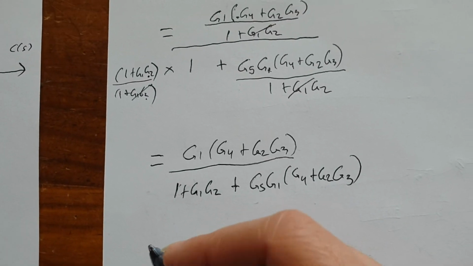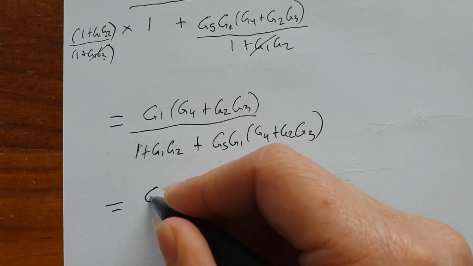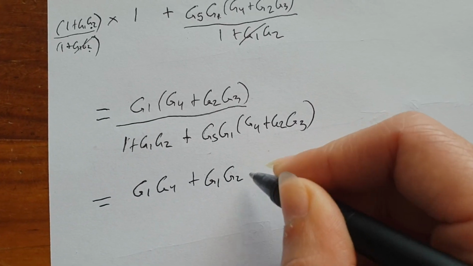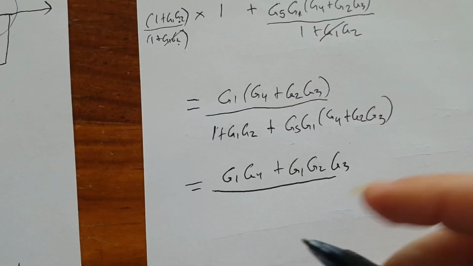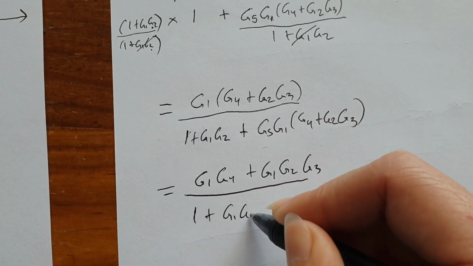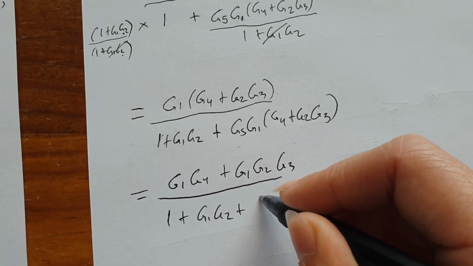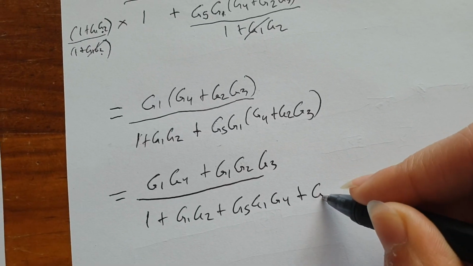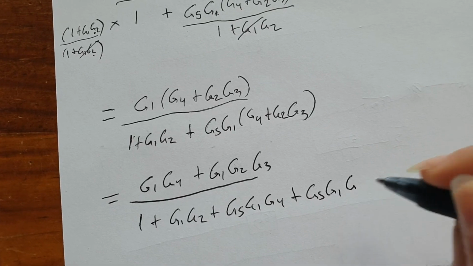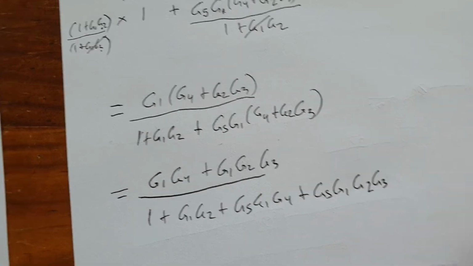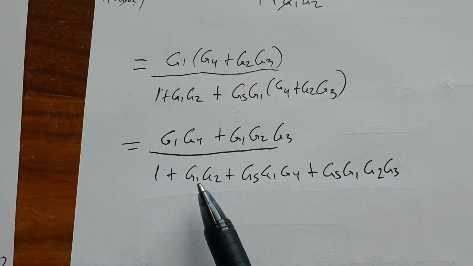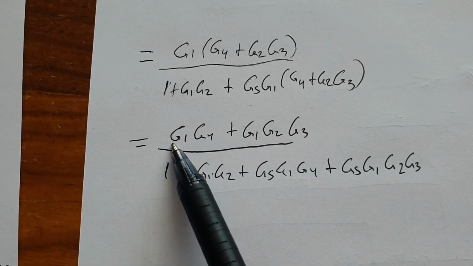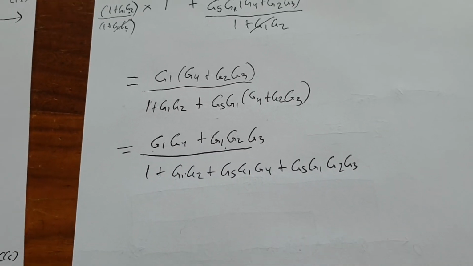But let's just write it all out in an expanded form, just so maybe there is something we could do. So 1 plus G1, G2 plus G5, G1, G4 plus G5, G1, G2, G3. No, there's not really much you can do. You can take the G1 out and the G1 out here, but with that one there, we can't really do anything.